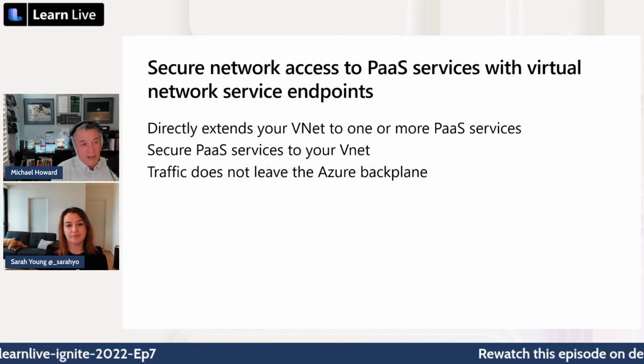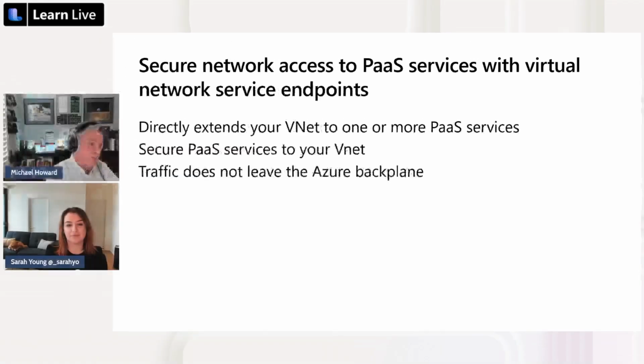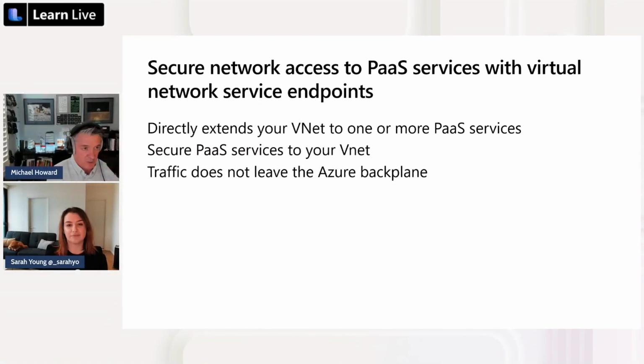Now, this slide is probably the most important slide of the lot. What it essentially does is extend your VNet to be accessible by one or more PaaS services. You take the endpoint for a PaaS service, say, for example, storage, and make that accessible inside your VNet with an address that's part of your VNet.